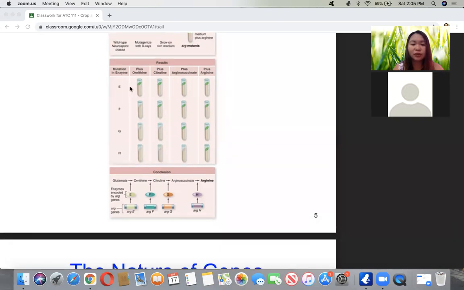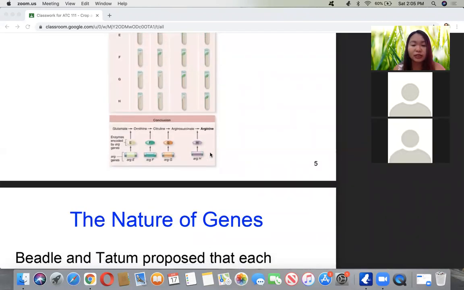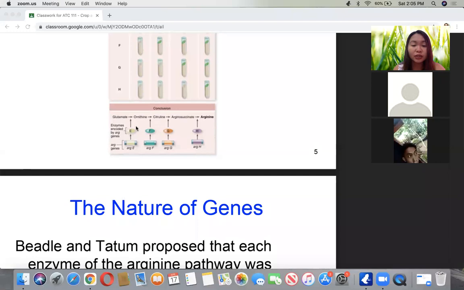In these results, you can see the mutants E, F, G, H. The ones with ornithine show growth, and the next with citrulline and so on. With arginine, there is growth in all of E, F, G, H. So they concluded that these enzymes were the ones responsible in the biochemical pathway for arginine.